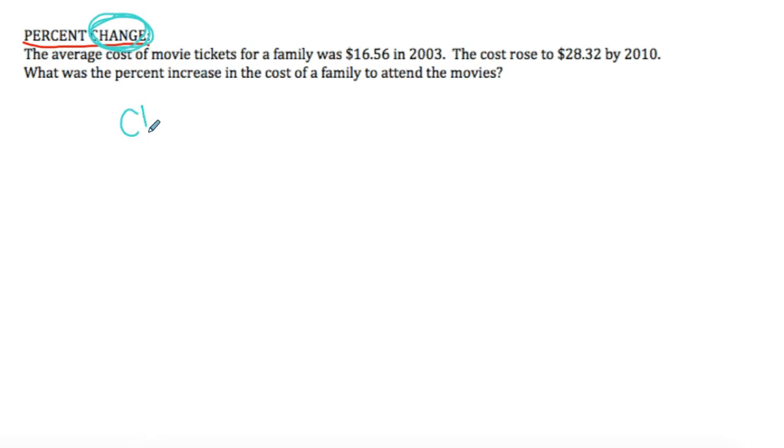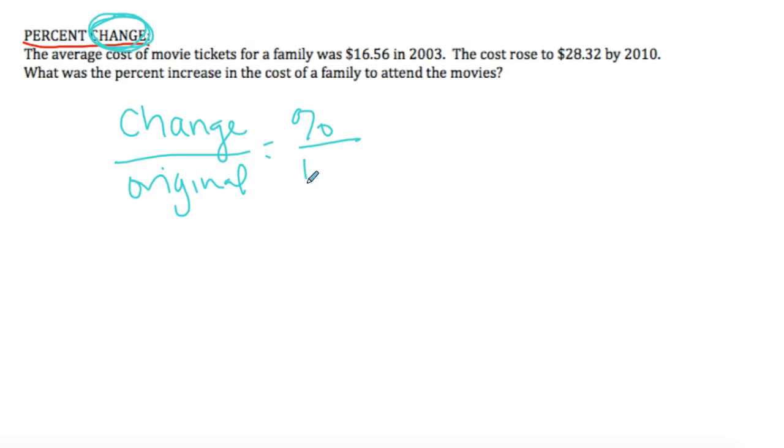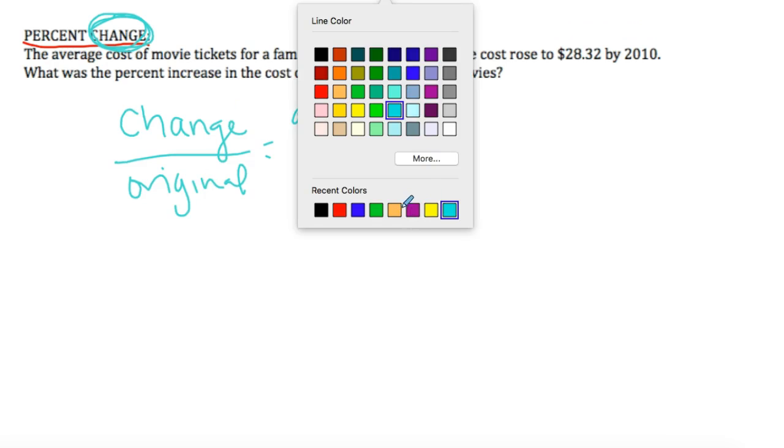And so we're still going to do change over original is equal to the percentage over 100. Okay, so if we look at this, we're not necessarily taking our two numbers and plugging them as is into our equations. We're going to do a little bit of math first.